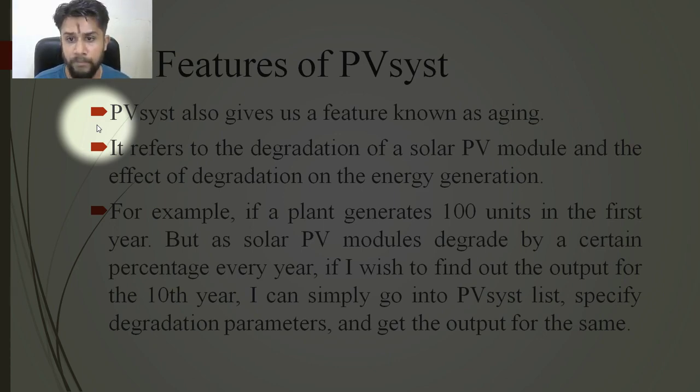And if you want to find out the degradation throughout the lifetime, you can find out for 25 years the degradation in generation with this tool. So a more realistic generation of your power plant can be obtained using the PVsyst tool.